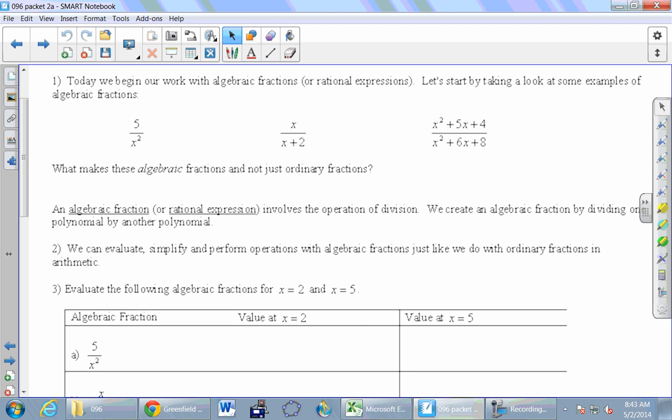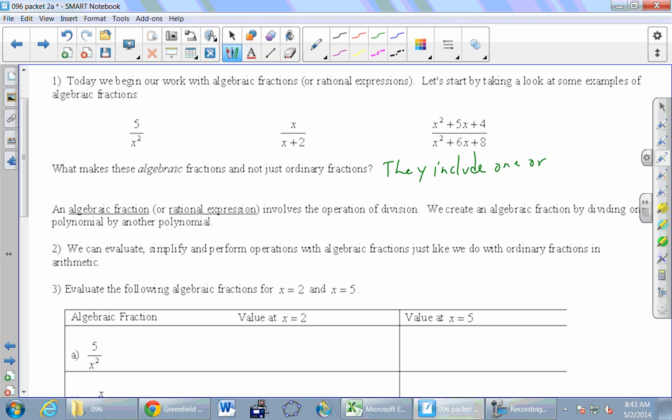You'd be naming things with a number over a number. Algebraic fractions involve x's. And so what makes these things algebraic fractions and not just ordinary fractions is they include 1 or more x's. That's it. So for the next 4 classes, we're going to be looking at fractions that involve x's, variables.